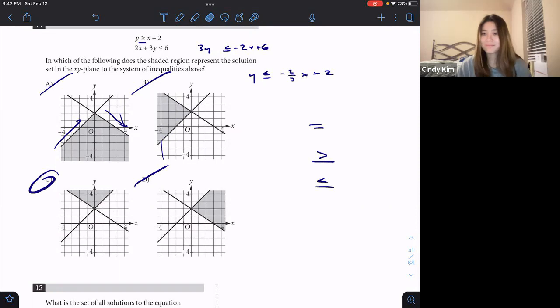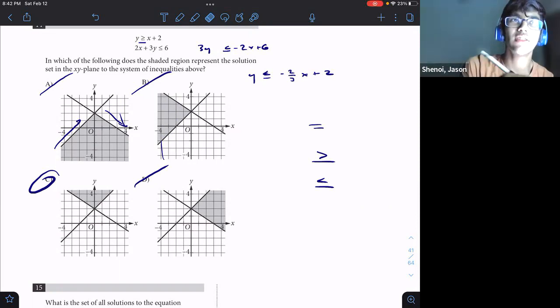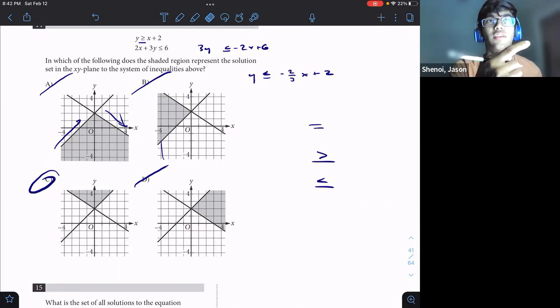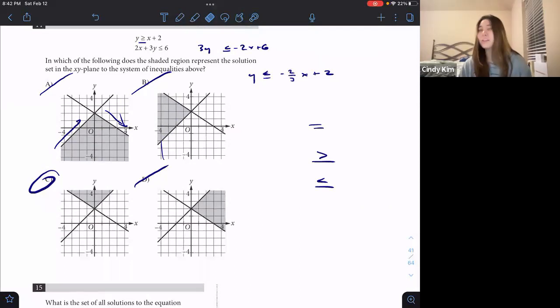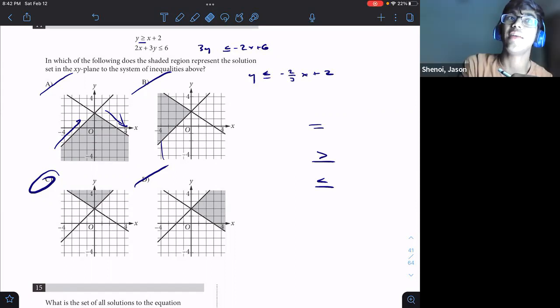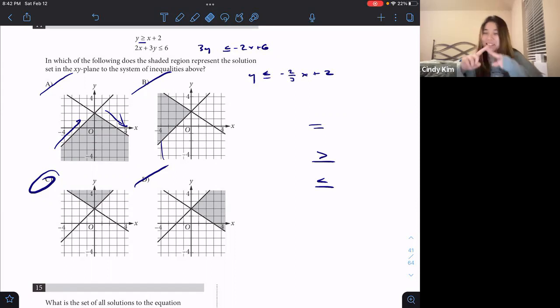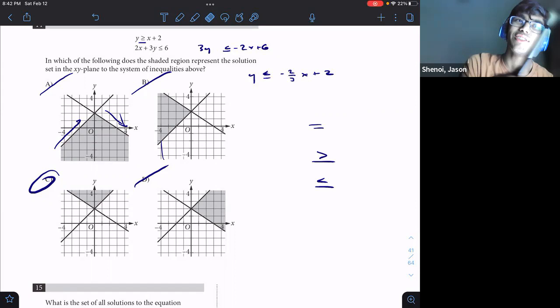Solution? Yeah, when they talk about graphs, you just did a problem like this before. When you have two lines and they meet at a point, it's called the intersection.